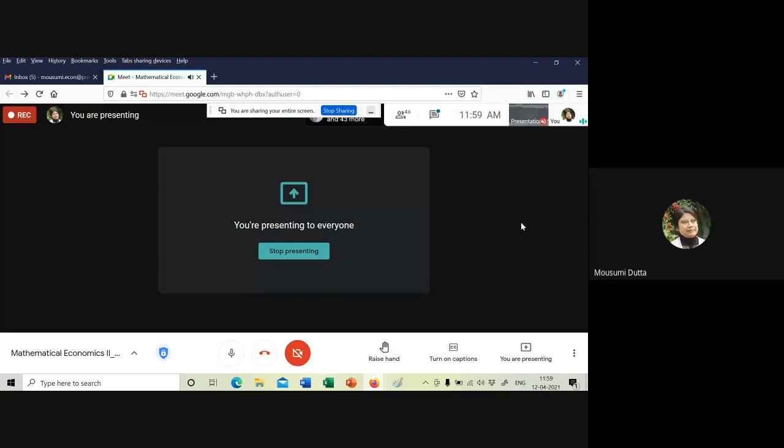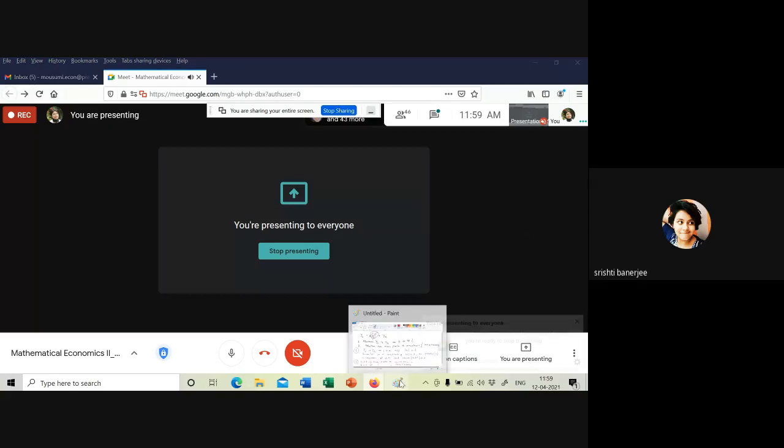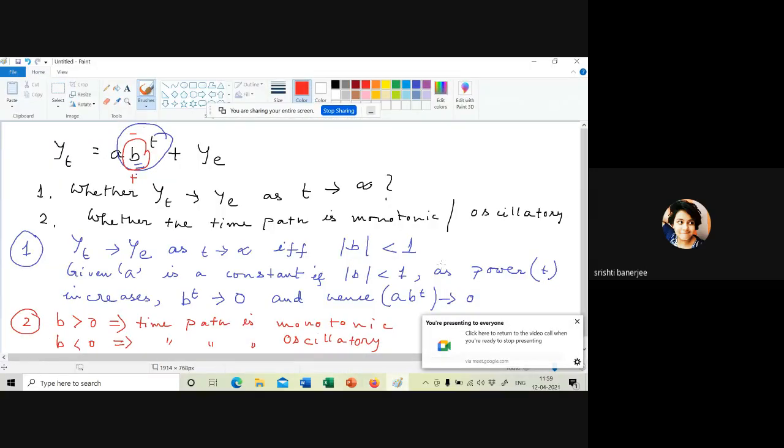You were not there in the class? No, ma'am, I was, but these are the exercises regarding the cobweb model. I'm discussing the theory part. Oh, okay, ma'am. Sorry, I didn't ask any question regarding the numerical part. I might have misheard. Sorry.